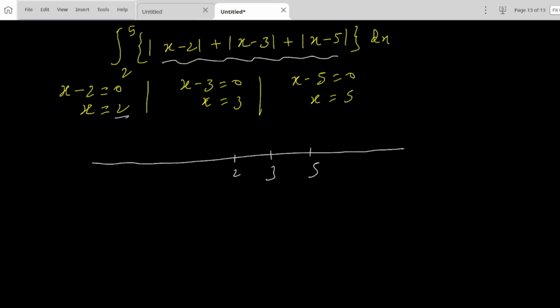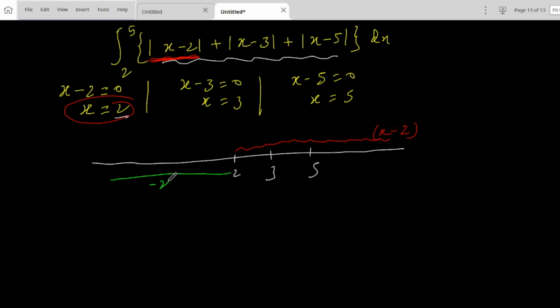Now we observe that modulus of x minus 2 is positive when we consider x greater than 2, so it is x minus 2. When we break the modulus on the right side of 2, the expression will be x minus 2. In the same way, on the left-hand side it would be minus of x minus 2.